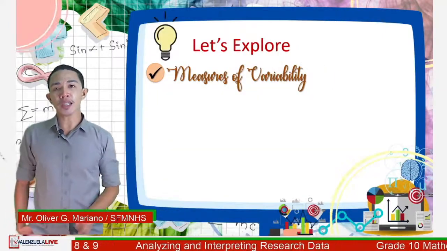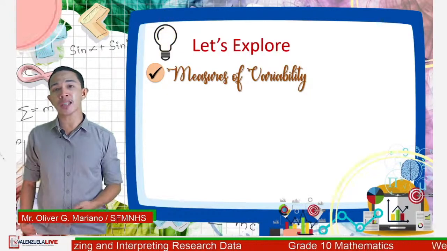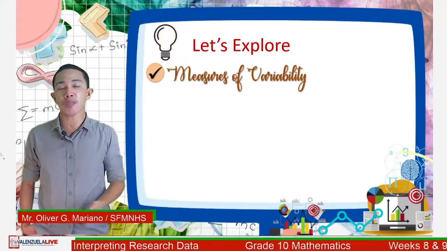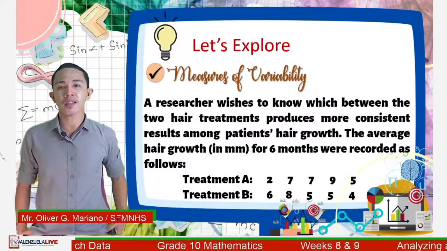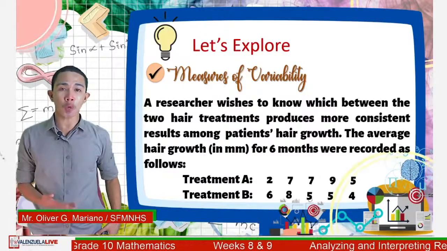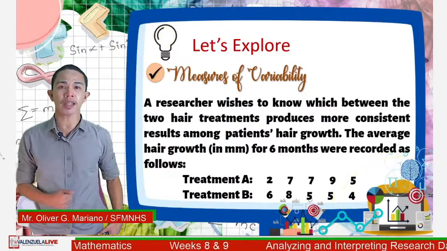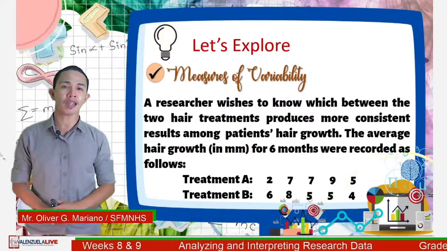To give you a clearer picture about how measures of variability may be utilized in analyzing and interpreting research data, let's consider this example. A researcher wishes to know which between the two hair treatments produces more consistent results among patients' hair growth.